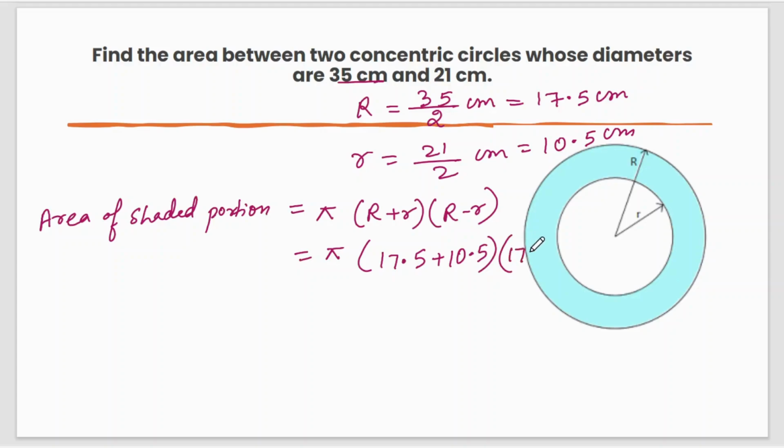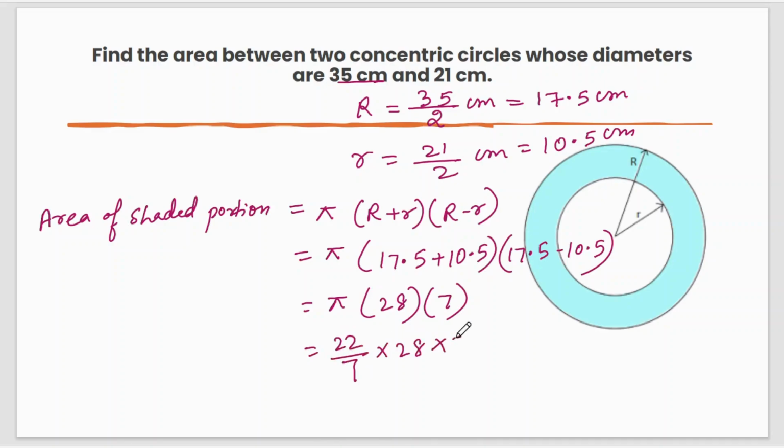Capital R again 17.5 minus 10.5. Now 17.5 plus 10.5 is 28, and 17.5 minus 10.5 is 7. Now we keep the value of pi, this is 22 by 7 into 28 into 7. Just cancel this 7, and finally you will get the answer 22 into 28 equal to 616 centimeter square.